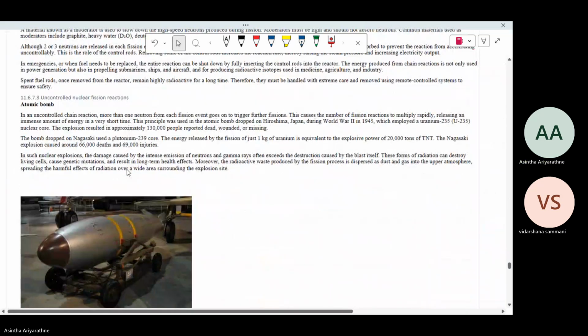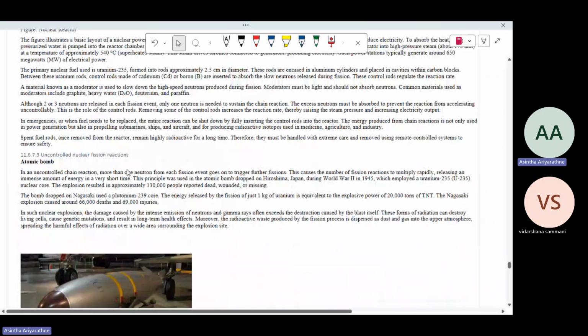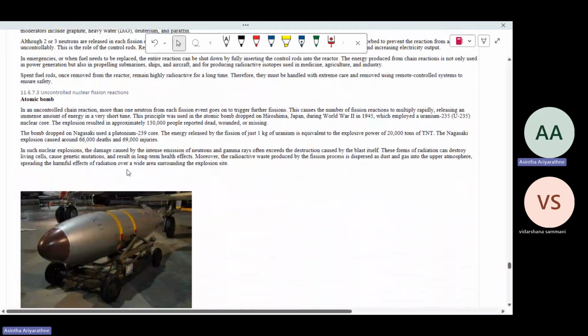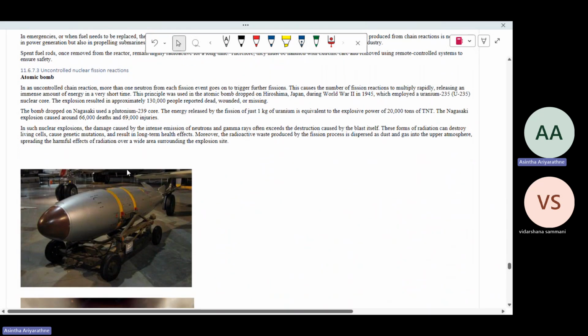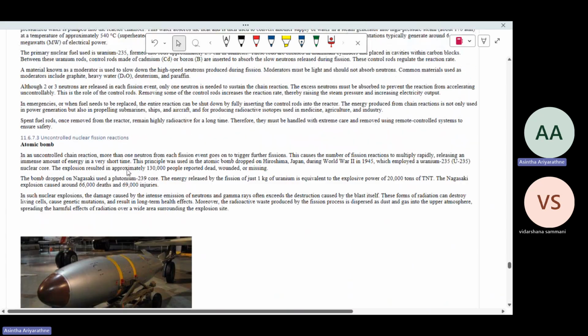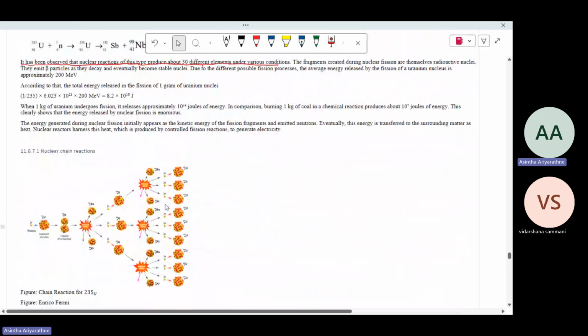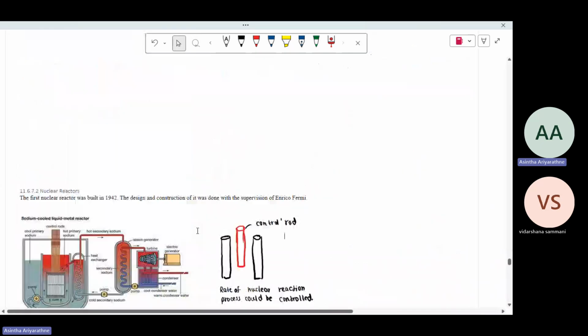The other one is the atomic bomb, an uncontrolled nuclear fission reaction. Here this chain reaction process is not controlled in an atomic bomb.